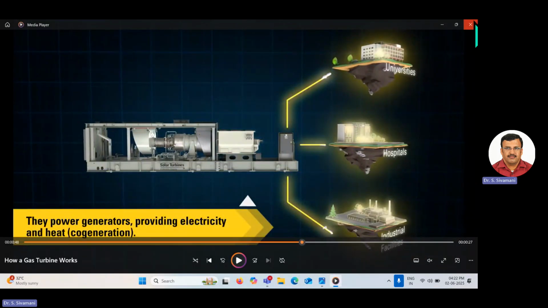The main purpose of the gas turbine is that it is used for power generation on a large scale, and it is used in aircraft engines on a smaller scale.